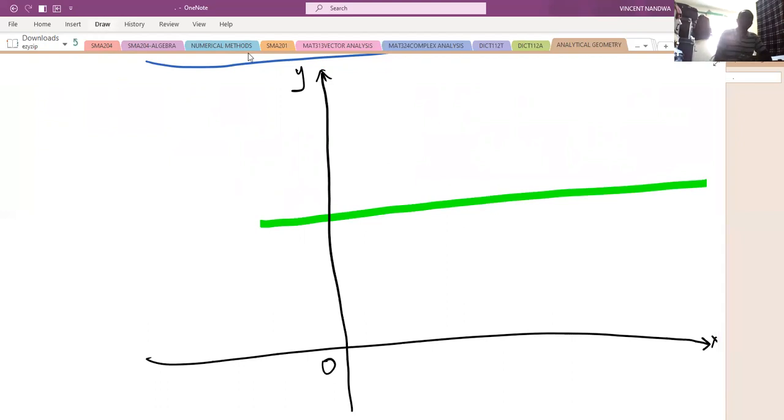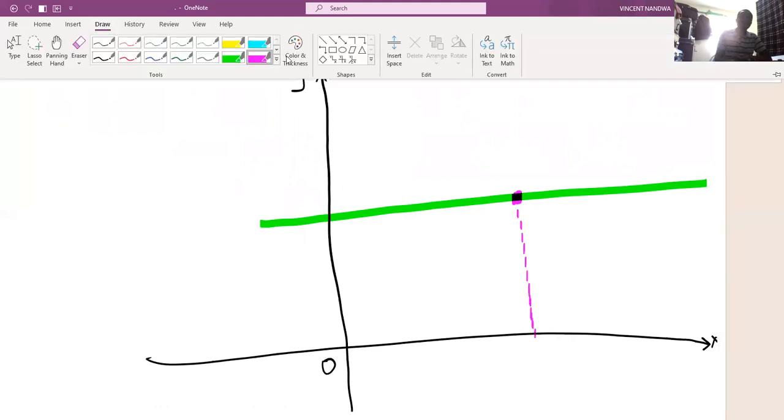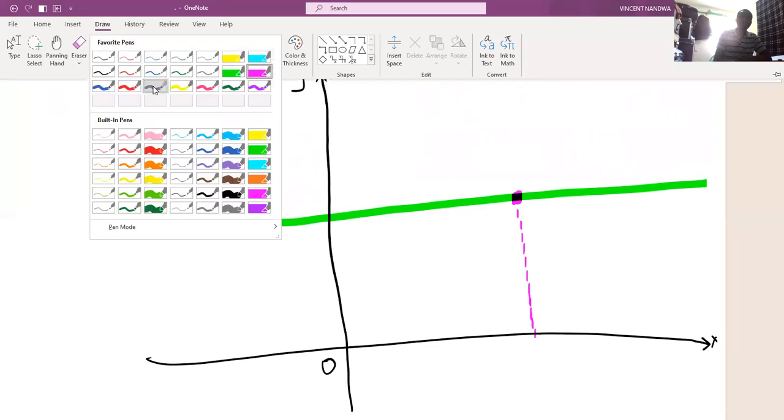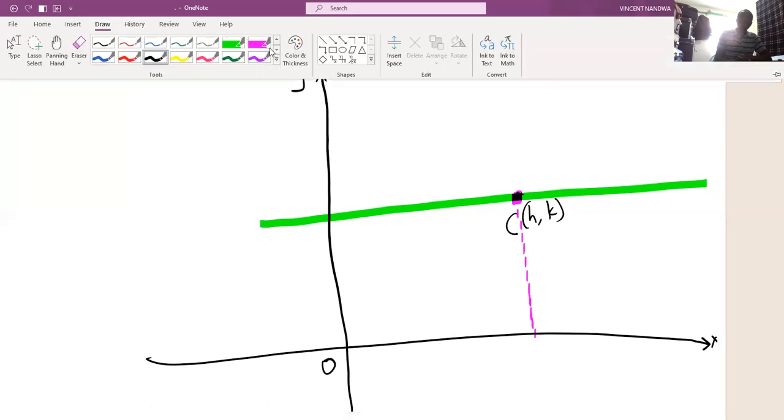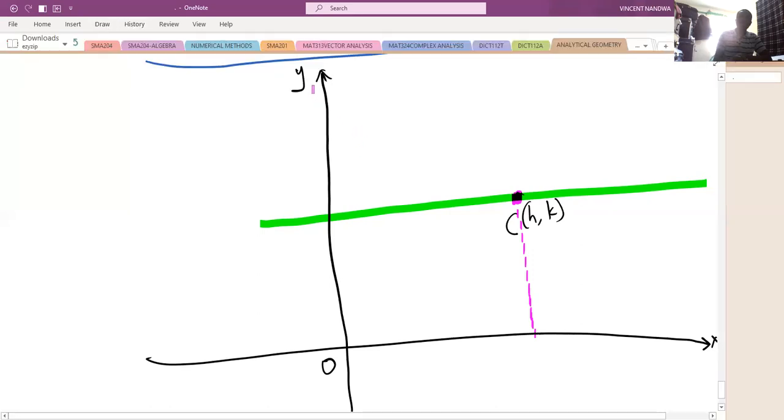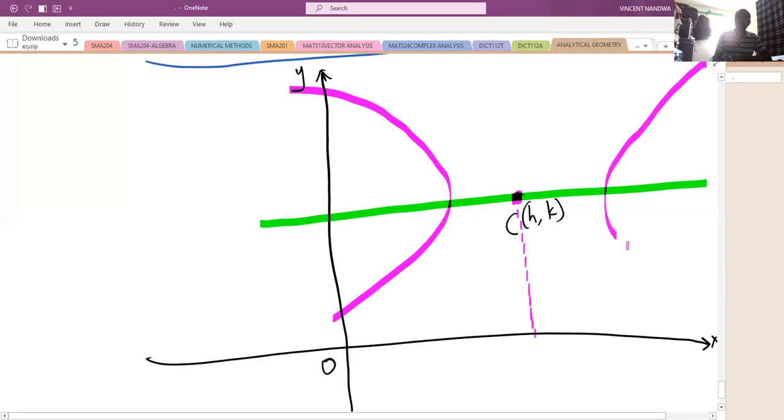And then let this point be our center, with coordinates (h, k). And then let this be the arms of the hyperbola.